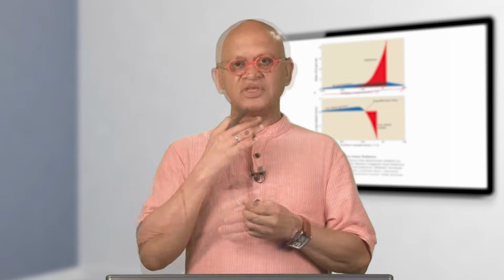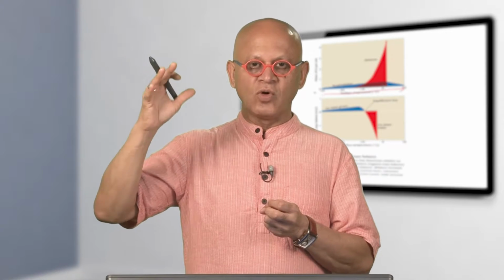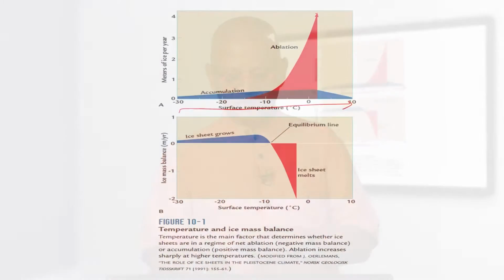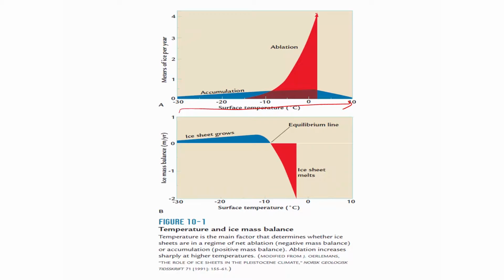Ablation is basically either winds blowing away the snow and reducing the growth of the glacier, or direct radiative heating and melting of the glacier, or some interaction with the ocean at the end where the glacier flows into the ocean, which accelerates the melting as it flows down the mountain into the ocean, which happens a lot in Greenland and Antarctica, for example. So, those processes determine the net accumulation.